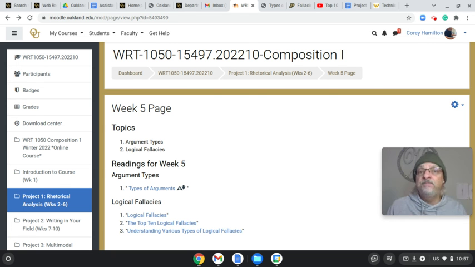Within all that, there's an argument: definition, causal, evaluative, rebuttal. There's a ton of other ones, but more than likely you'll find your argument type on that handout. That should get you started for the week.